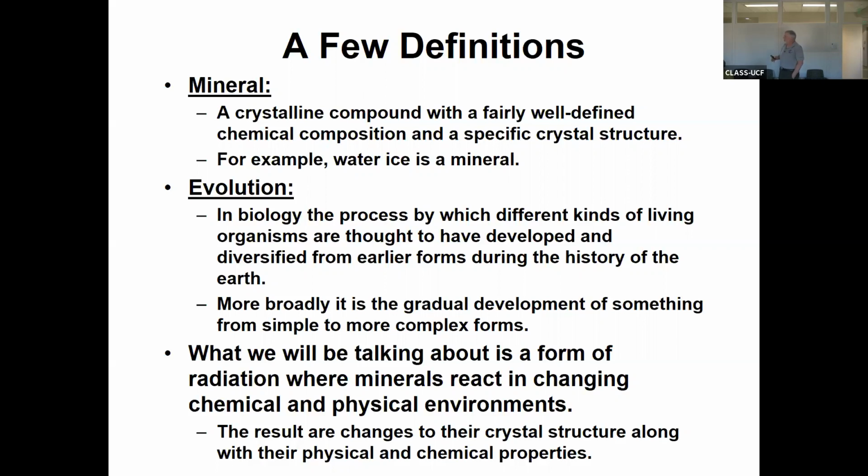What we're talking about is basically a form of radiation or diversification where minerals react to changing chemical and physical environments. The results are a change to their fundamental crystal structure, along with their physical and chemical properties, because it's the crystal structure down at the quantum level which determines their physical and chemical properties.